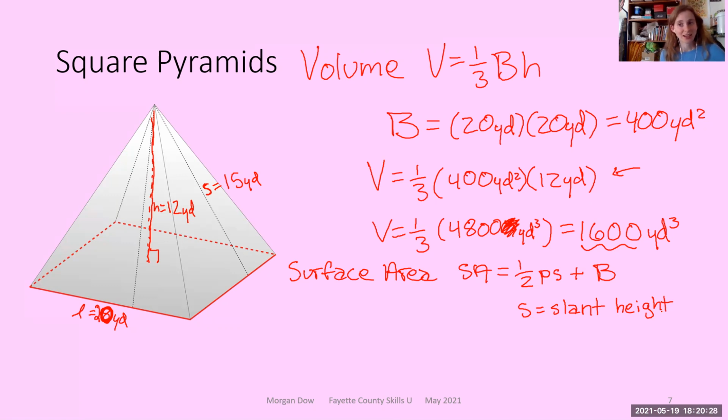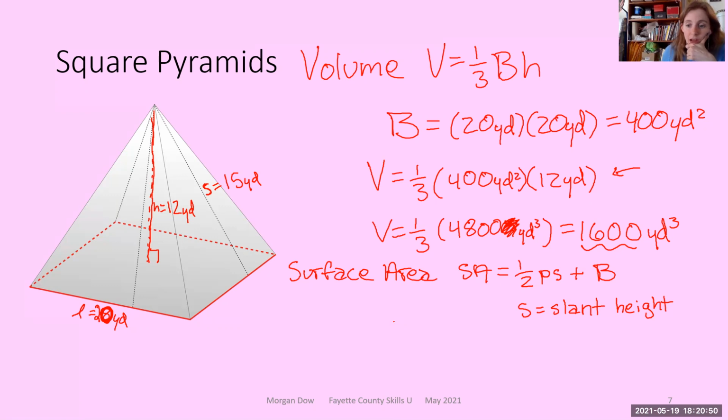So it can get a little confusing, but for these three-dimensional shapes, when we're talking about surface area, that s stands for slant height. So it's what you see on the picture here. The slant height is that slanted height, so going up the side of this three-dimensional shape.